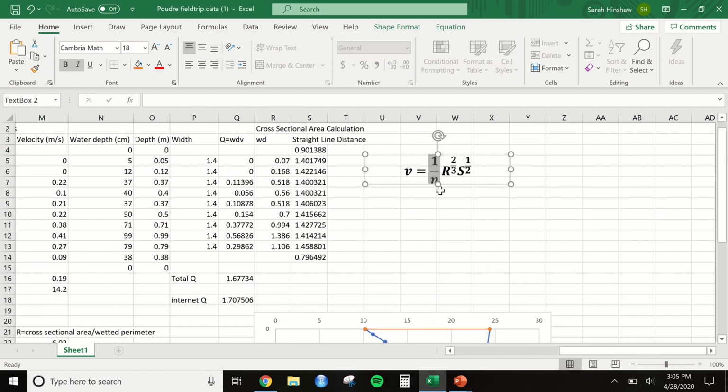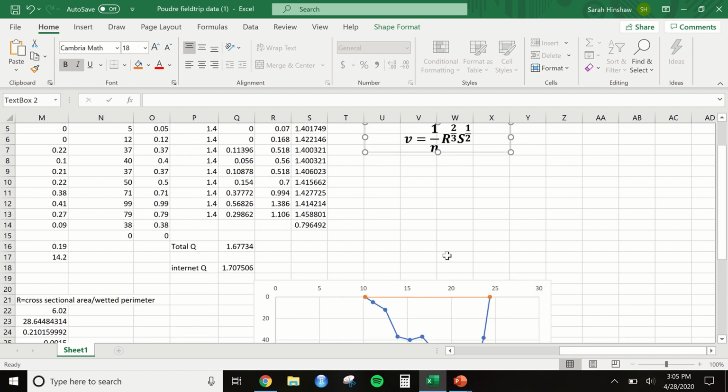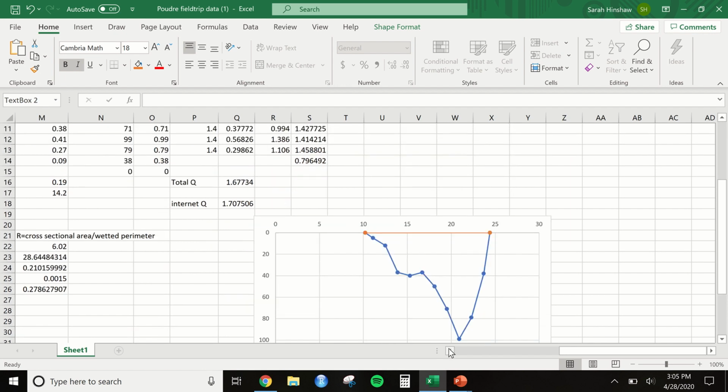So first we have to solve for n. Just doing a little algebra, you would basically just switch the places of v and n, so n equals v times R to the 2/3 and S to the 1/2. So I'm just gonna do that.